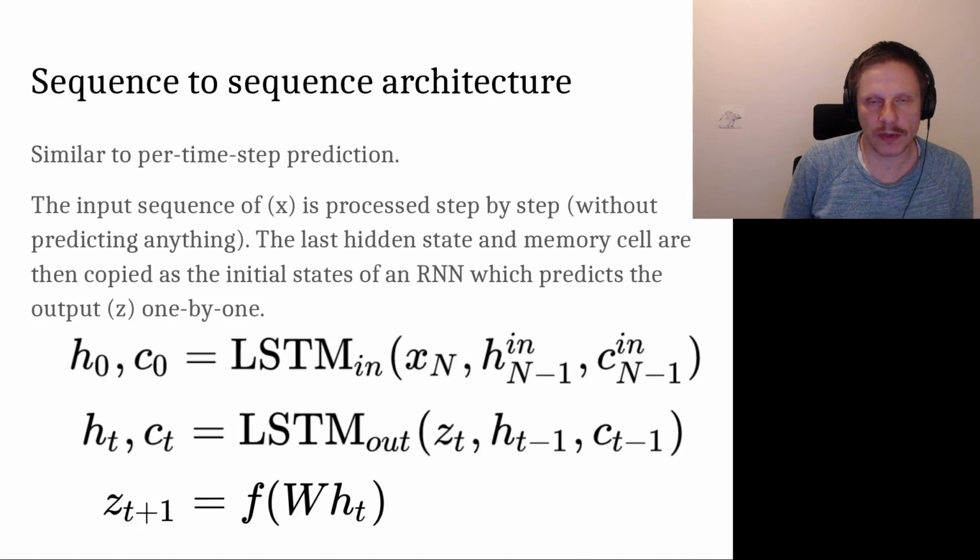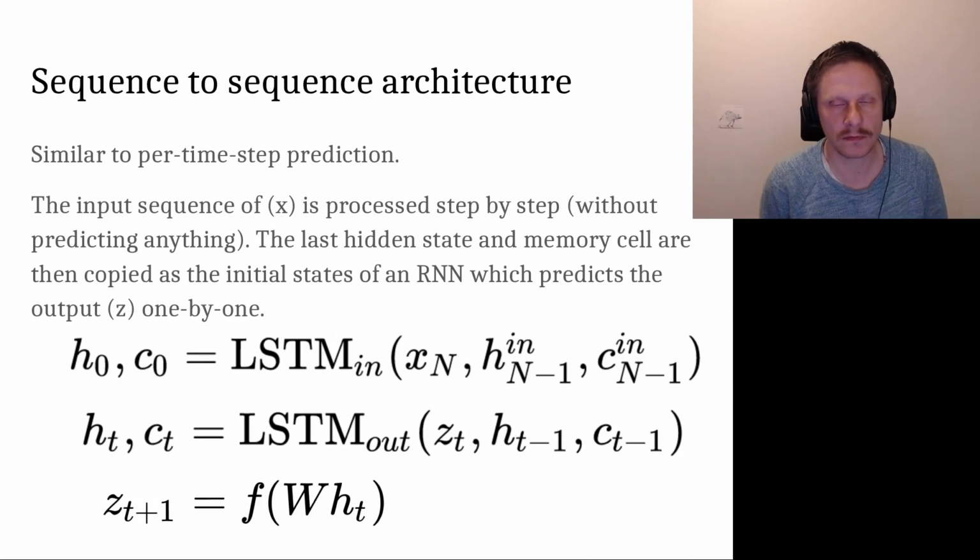Just to mention, there are two copies of an LSTM here with their own separate parameters, which are indicated by LSTM in and LSTM out, and we're going to use LSTM in to initialize the hidden state and the memory cell of the LSTM out, the one which is doing the prediction, which is outputting the translation.